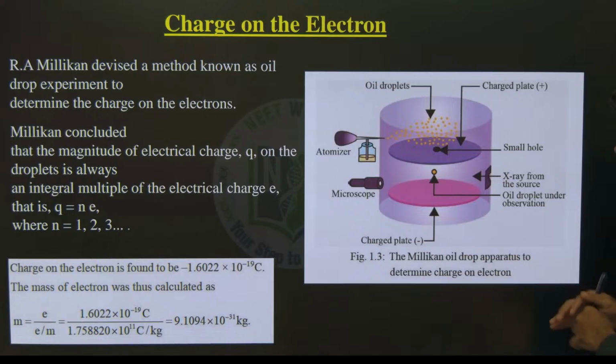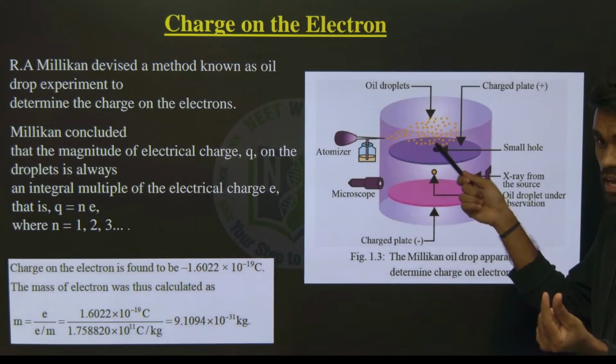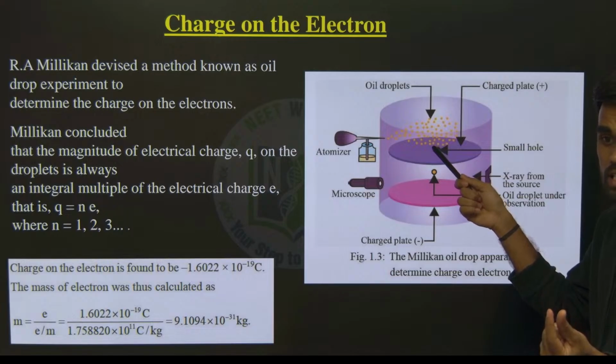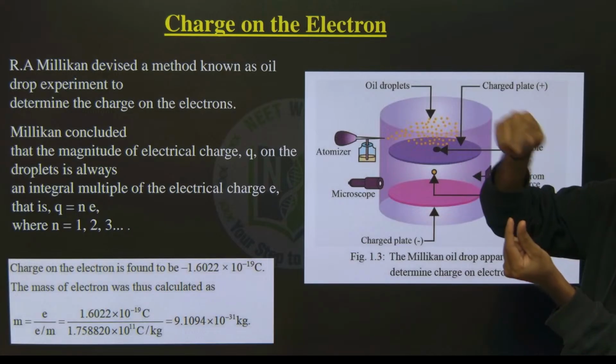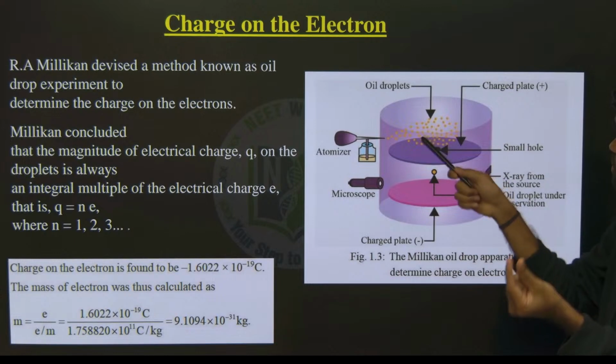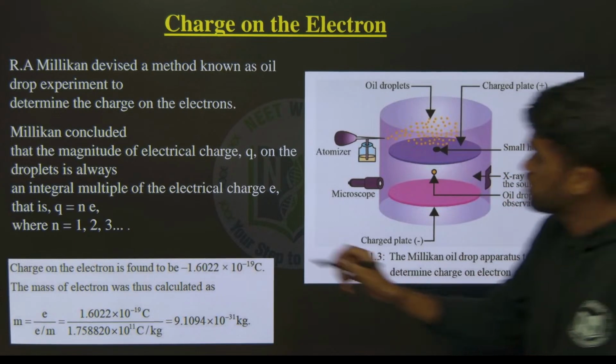Now the oil drop got charged, yes or no? Because initially the oil drop is neutral, but when the atom is sent in and ionized, ionized means that the atom releases ions and electrons. Now all the electrons are adjusted on the oil drop that is sent here. Finally, what he got from this is the total charge present.